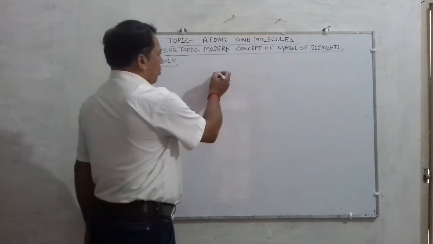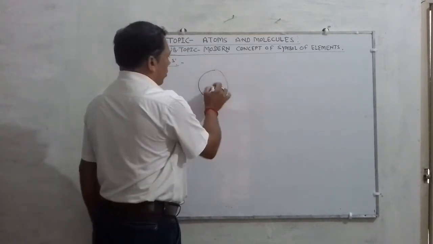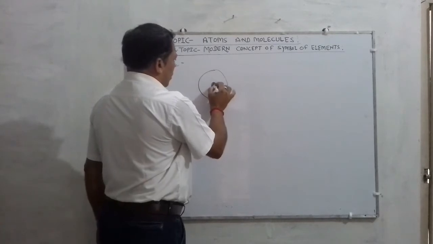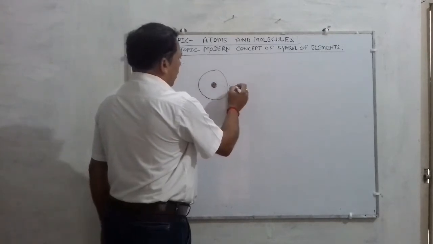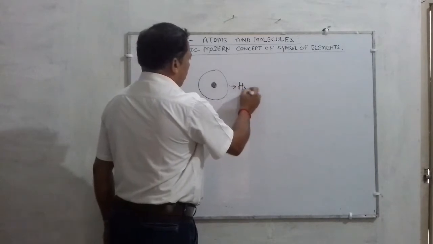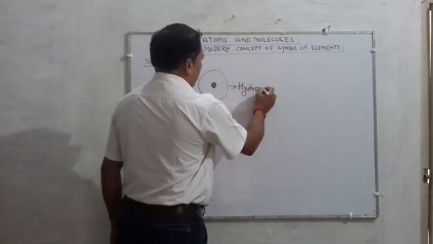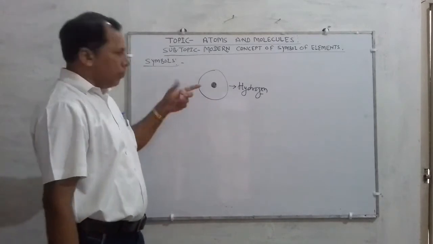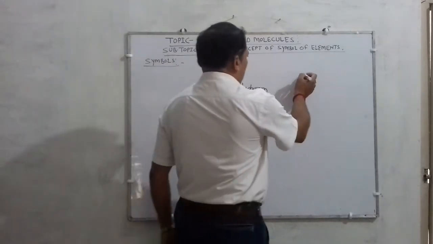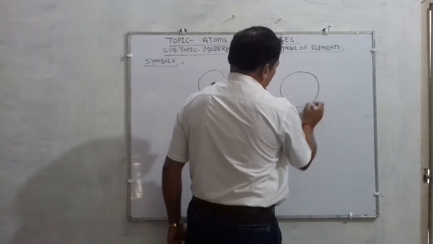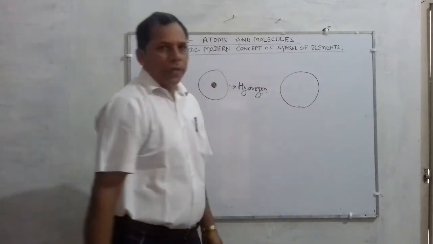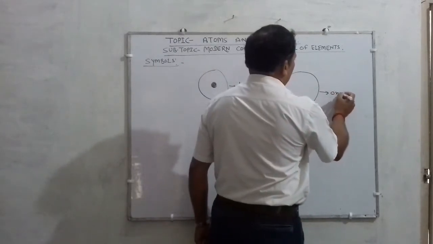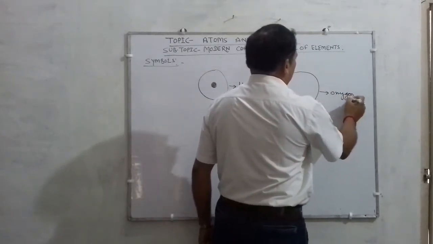Suppose you have to represent hydrogen, then a particular symbol was given by Berzelius, and that symbol referred to the element hydrogen. Similarly, according to Berzelius, if you have to represent oxygen, there was a different symbol showing the element oxygen.